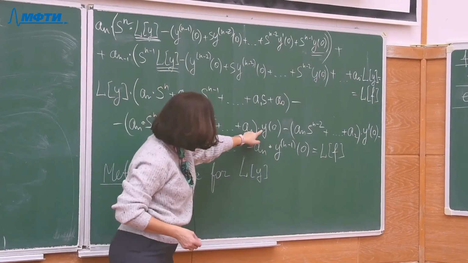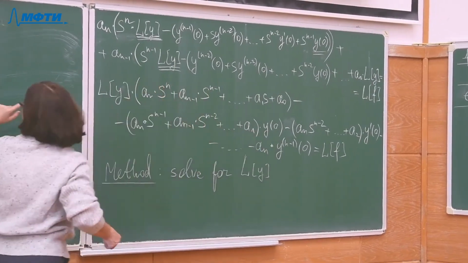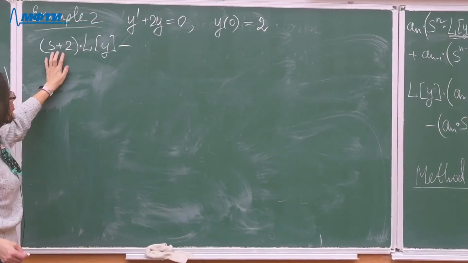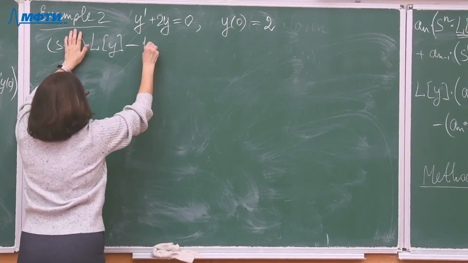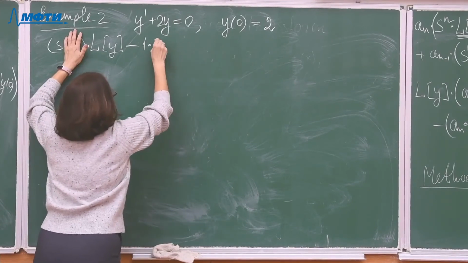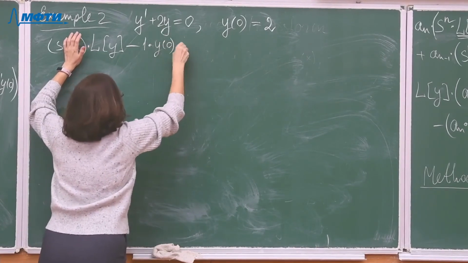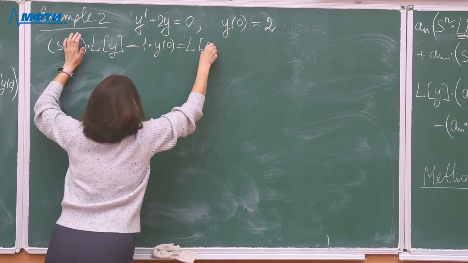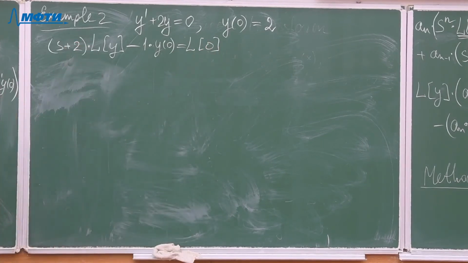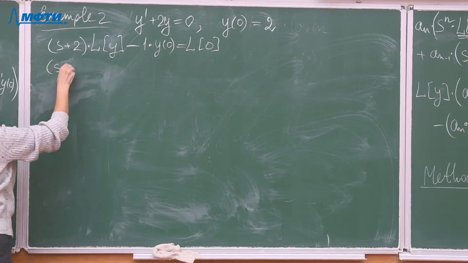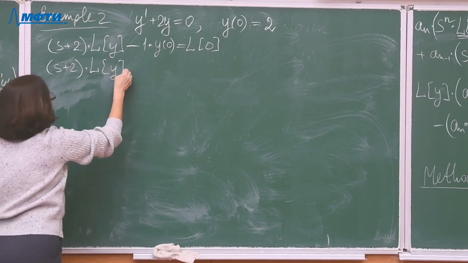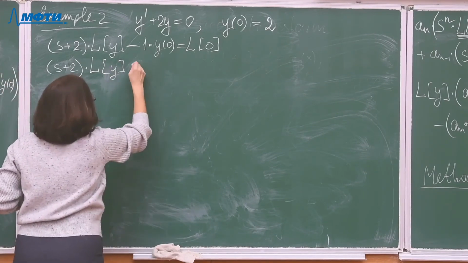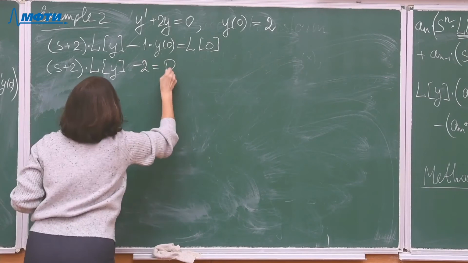We have only y(0), and we should reduce the power of this polynomial and remove 2. So 1 times y(0). So I will rewrite this as s plus 2 times L of y minus 2 equals 0.